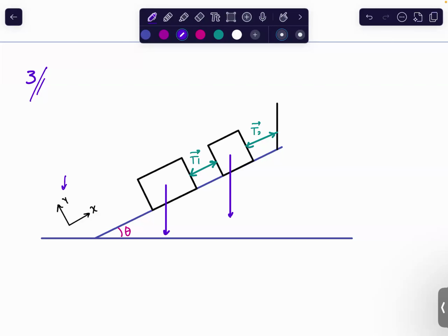Mass one times gravity, mass two times gravity. They are going to have normal forces that are going to go out perpendicular to the surface. And then they're going to have components for each of the gravitational forces.